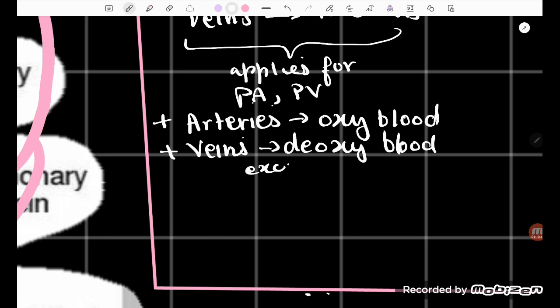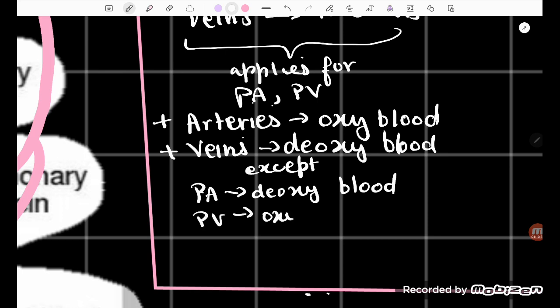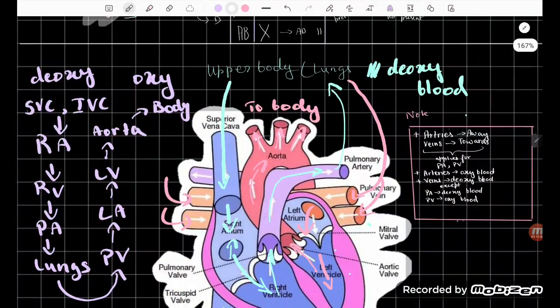Except there's an exception everywhere. Pulmonary artery is deoxy. Pulmonary vein is oxy blood. Pulmonary means lungs, by the way, so I'm giving you tips to remember, okay?